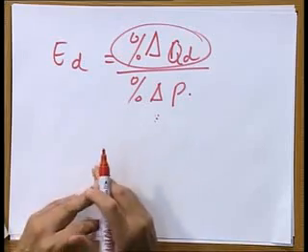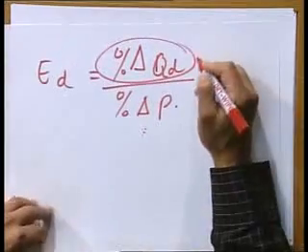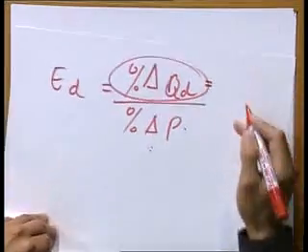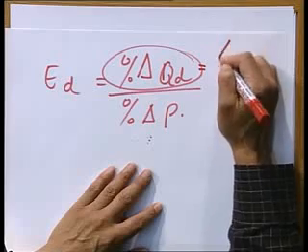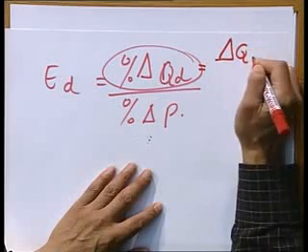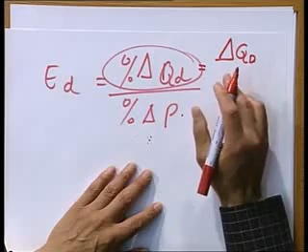Now let's look at the formula, because the formula you have to write down first in the exam or in the test. So if you look at the percentage change in the quantity demanded, that is, according to the midpoint formula, equal to the change in the quantity demanded. Now, what is the change in the quantity demanded? It is the absolute change in the quantity demanded because of the change in the price, and we will use an example now.